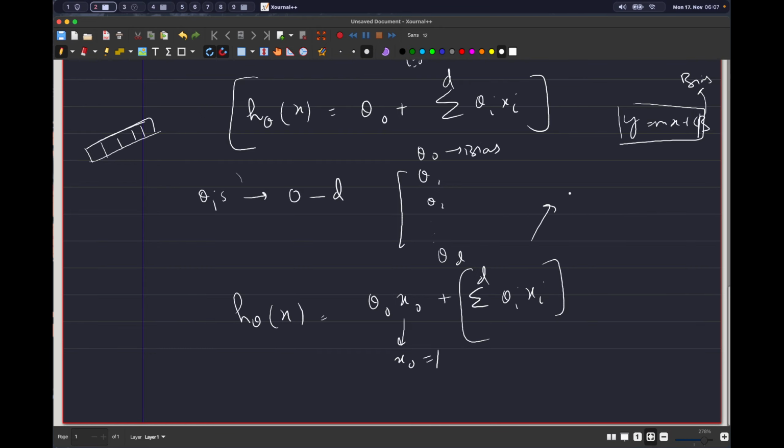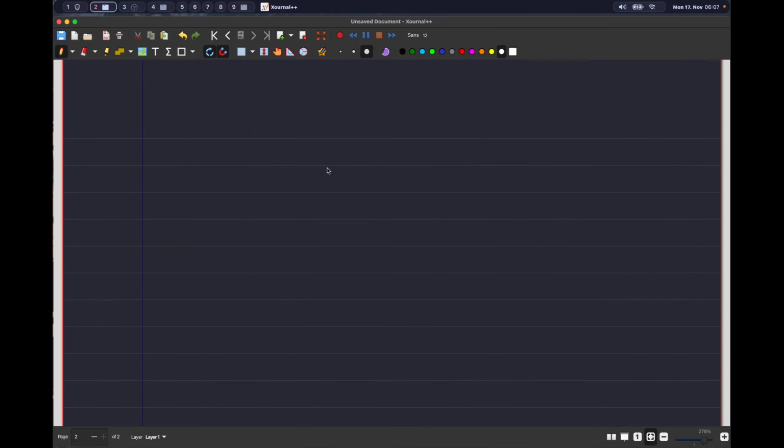So we finally get h theta x as the sum with i from 0 all the way to the d dimension. So i will start from 0 instead of 1, and we can directly write it as theta i times xi. I hope this is clear. Very easy to understand. So now we have our h function, which is this.